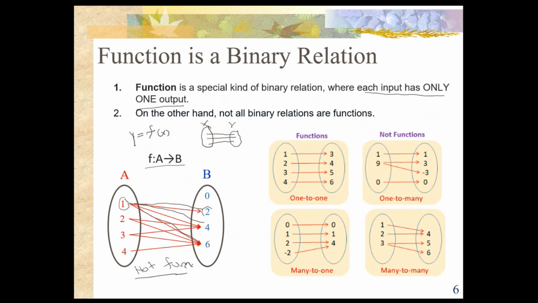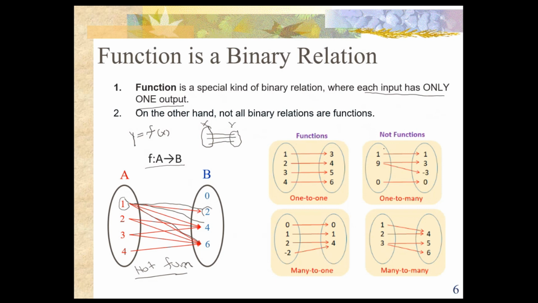It is a binary relation, but it's not a function. Okay, so let's look at examples. What is function? Now let's look at the first one. Here we can see that it's mapping 1 to 3. One input can only be mapped to one output. You see, strictly one output. So this is a function relation. Yeah, it is a binary relation, of course, but it's a function relation.